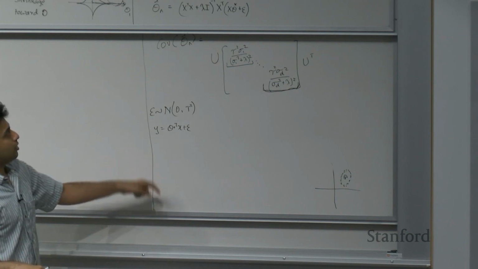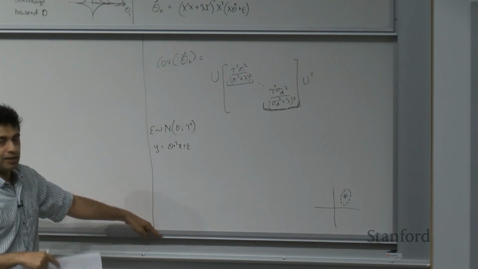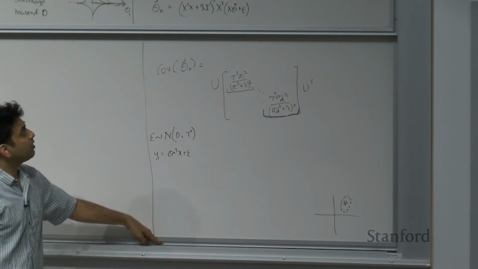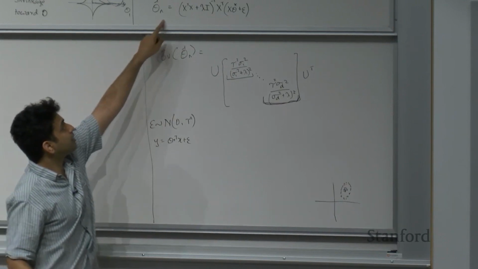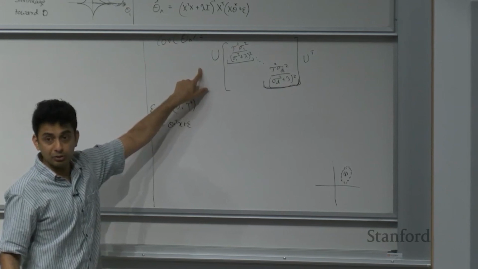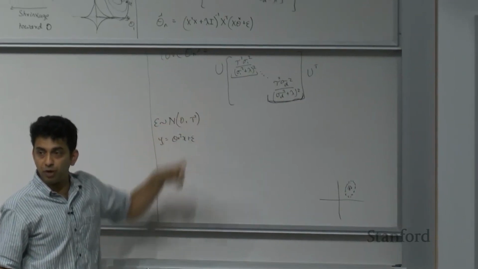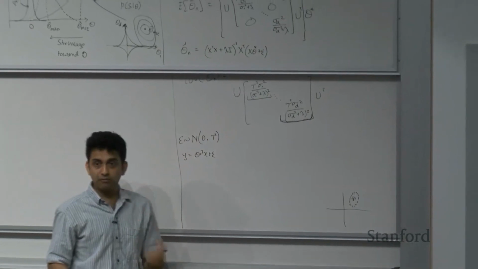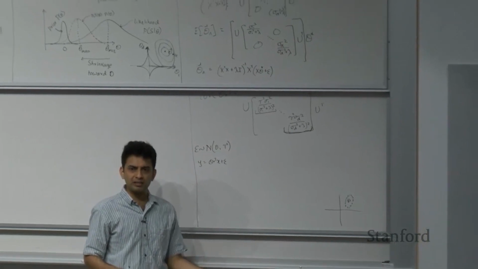So here what we see is as we increase lambda, the bias in our estimate increases, which is bad, but the variance in our estimator reduces, which is good. We want our estimator to have low variance, but we also want it to have low bias.